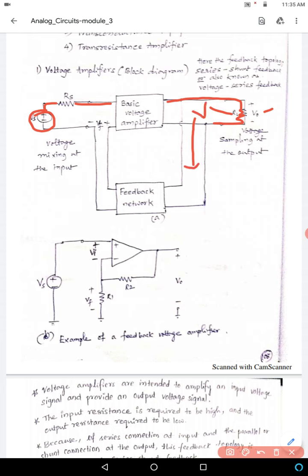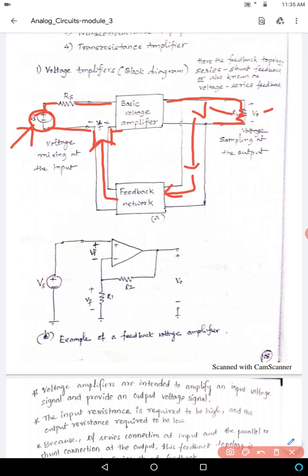That is given to the feedback network. Then the feedback network is given to the input side in series. Vf is the feedback voltage that is provided in series to the source voltage Vs.